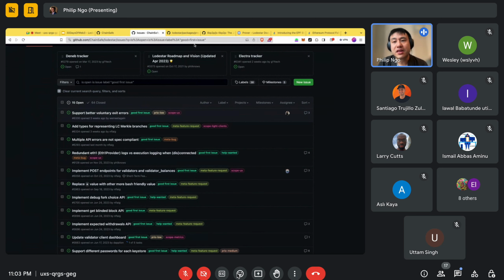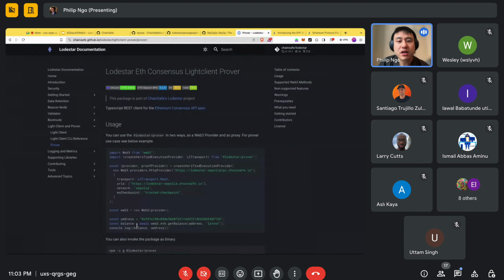One of the things that is very interesting, though, that we've developed recently, which may touch more of a Web3.js level as part of the stack, would be our Lodestar prover.